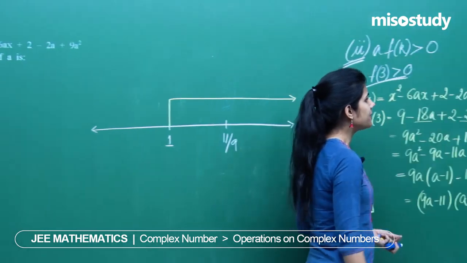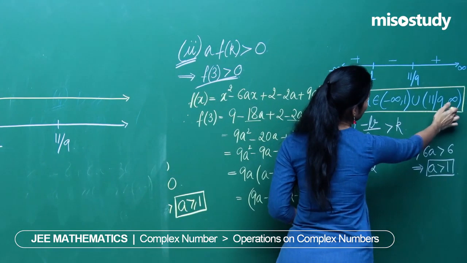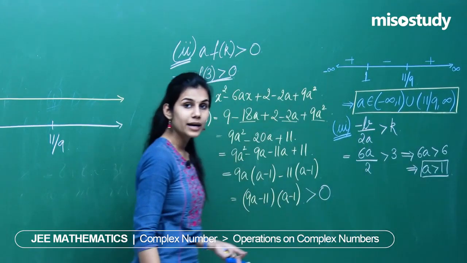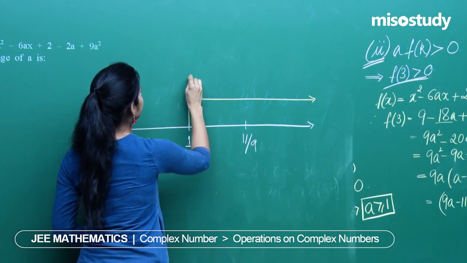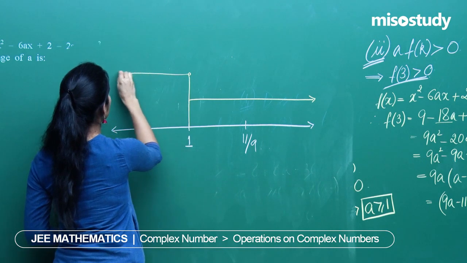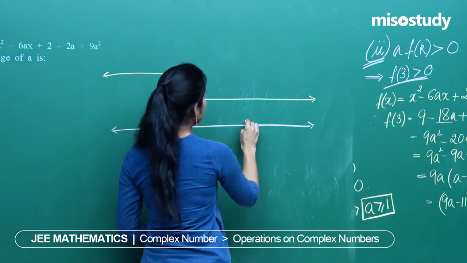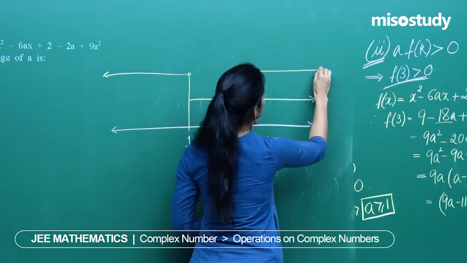Second condition says a belongs to minus infinity comma 1, open, and 11 by 9 comma infinity, where 11 by 9 is open. So, minus infinity to 1, 1 is excluded, and 11 by 9 again excluded to infinity.